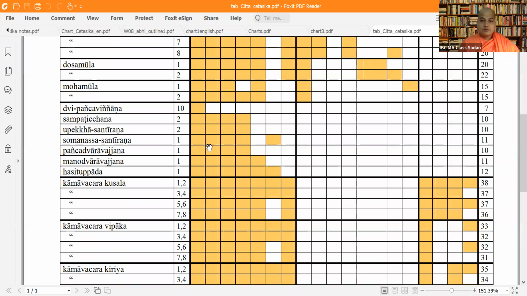In the Brahma Viharas, of course, I think probably all the 4 Brahma Viharas are not present at the same time. I think even if they are present, there could be different degrees of their presence.